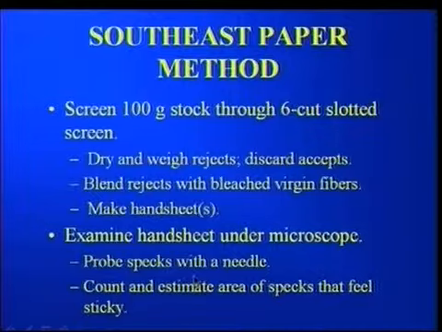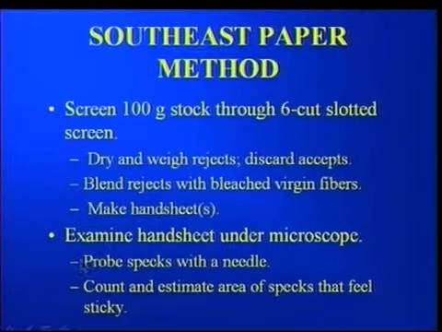The Southeast Paper method, on the other hand, involves manual counting and examining of stickies. So they go through the same process of taking 100-gram stock, processing it through a 6-cut slotted screen, taking the rejects, blending it with clean fibers, and making handsheets.